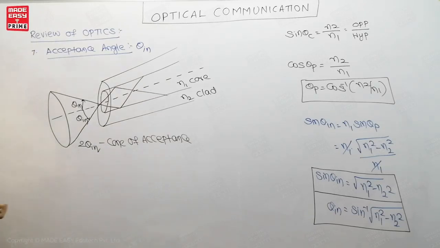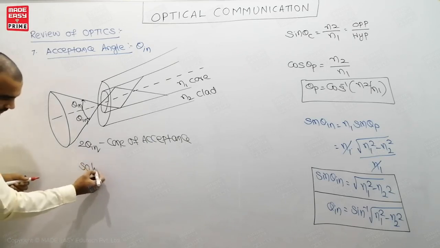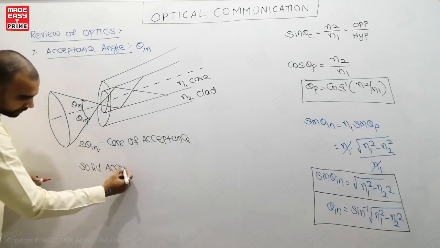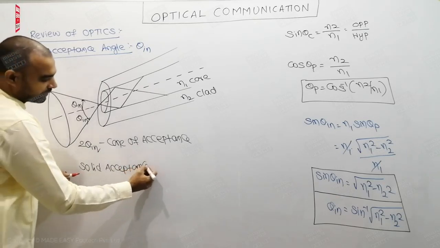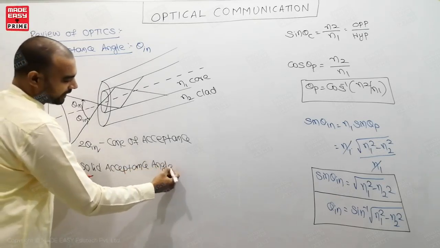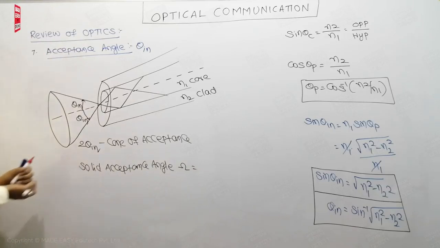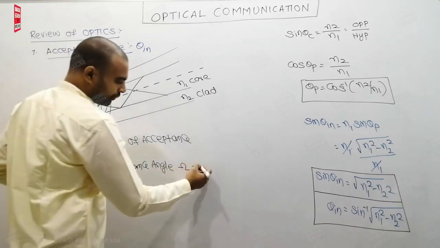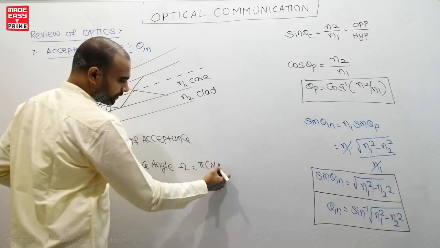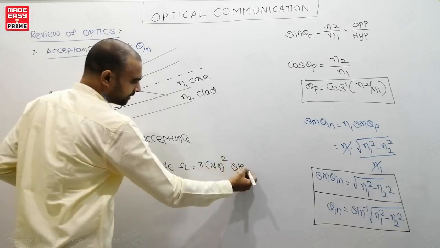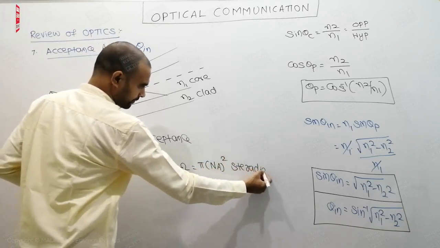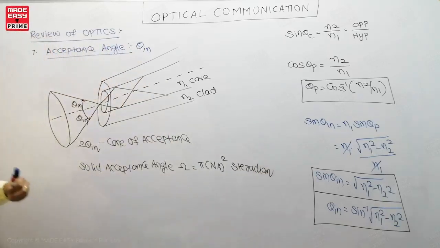So next one is said to be called as the solid acceptance angle. The solid acceptance angle is given as sigma is equal to pi into Na whole square steradian. It is measured in terms of steradian.